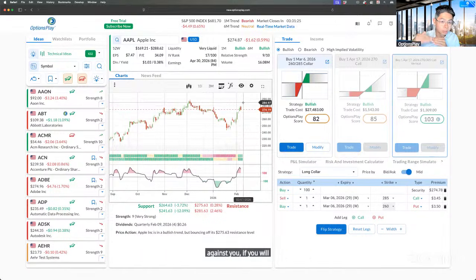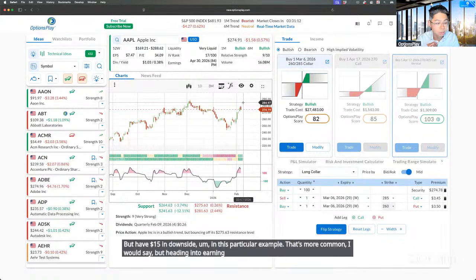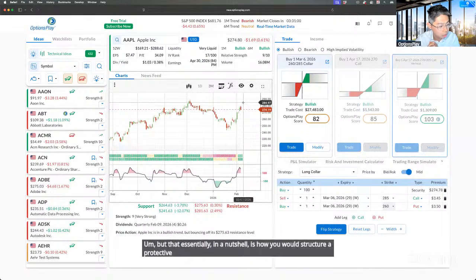Where you have only $10 in upside, like we do with Apple, but have $15 in downside in this particular example. That's more common, I would say. But heading into earnings, you can sometimes see ones that shift where it works a little bit more in your favor. But that essentially, in a nutshell, is how you would structure a protective zero cost collar.